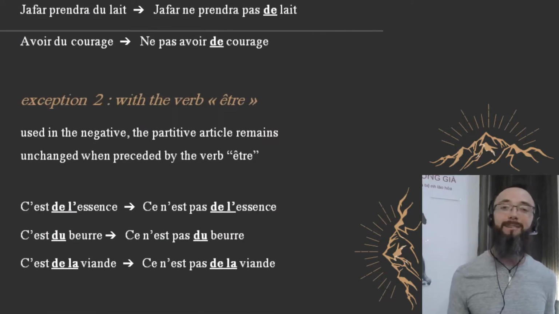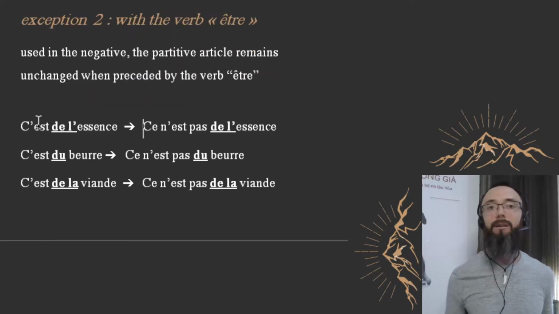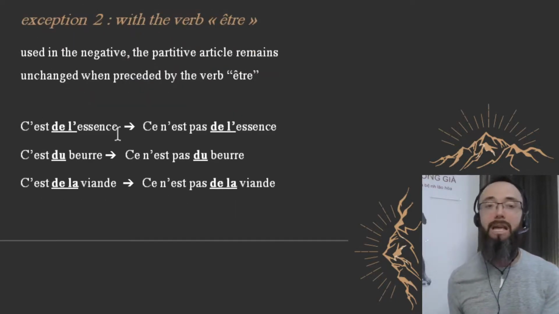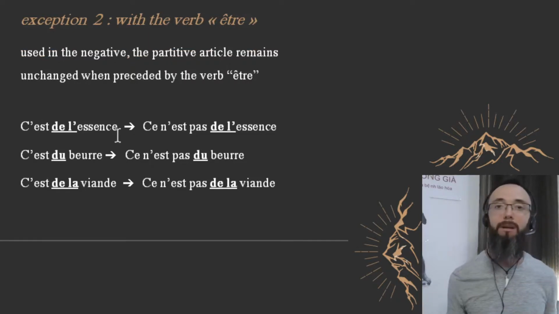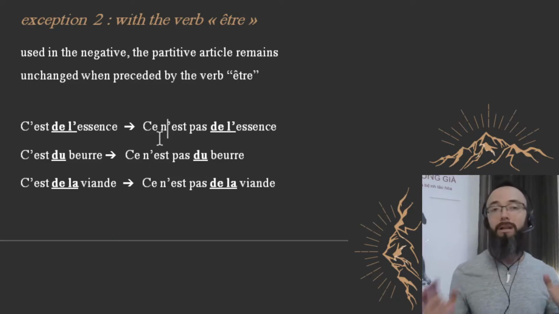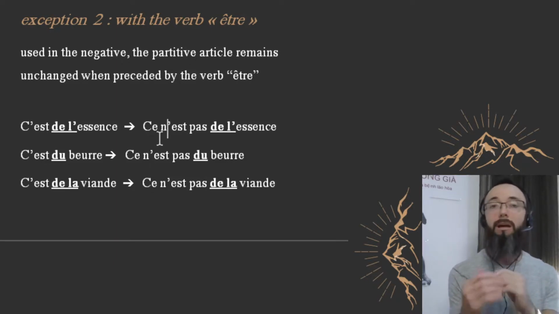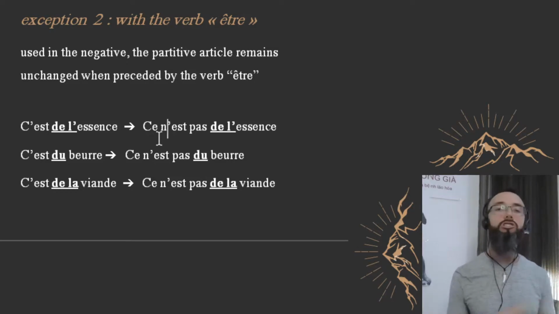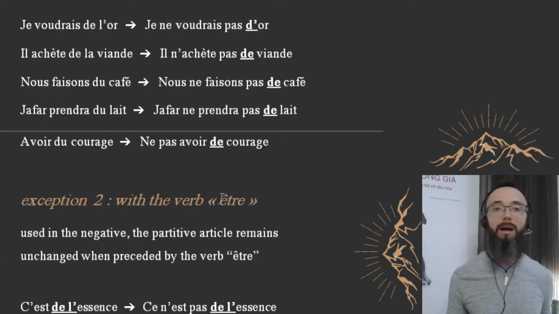So it is an exception within an exception. Russian dolls. And here we have the first sentence. C'est de l'essence. It is gasoline. Well, when it is coupled with the verb to be, être, ce n'est pas de l'essence. It remains the same, unchanged. The previous rule doesn't apply.